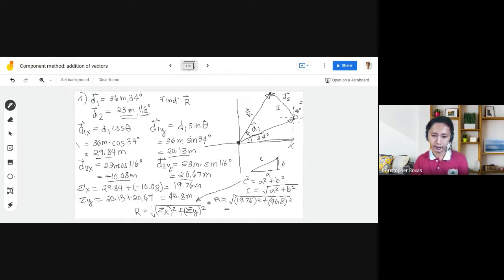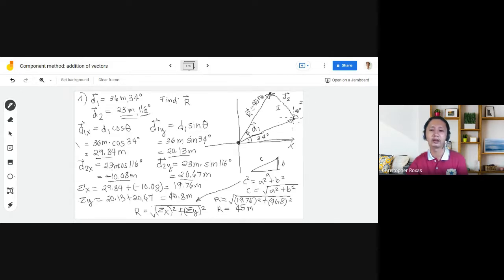So you will get 45.33. Okay? Or we can round it up to 45 meter. So that's the resultant or the magnitude of the resultant. Okay, so this is equal to 45 meter.